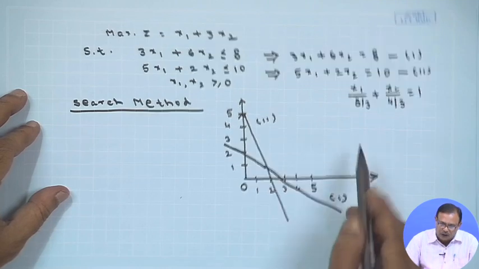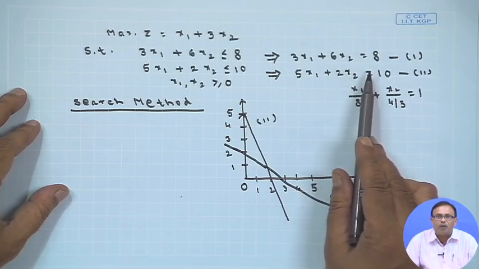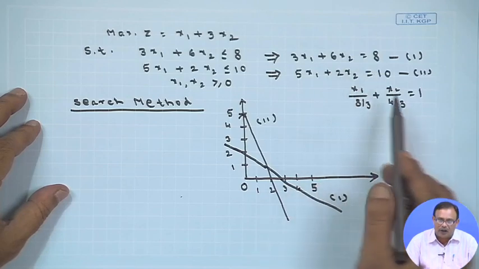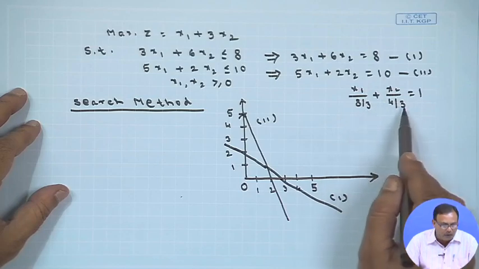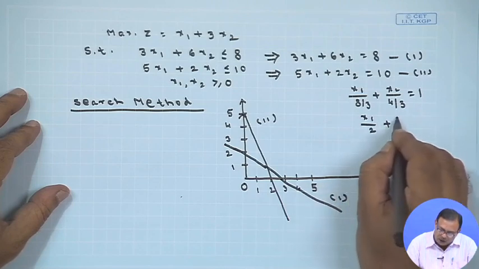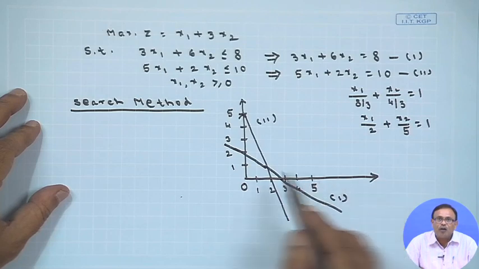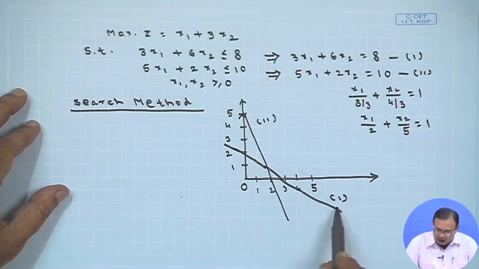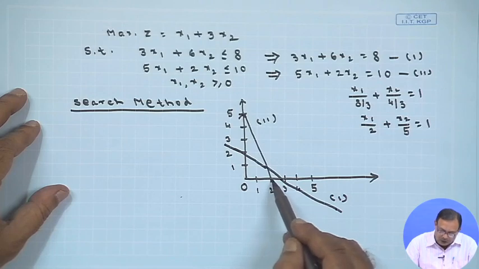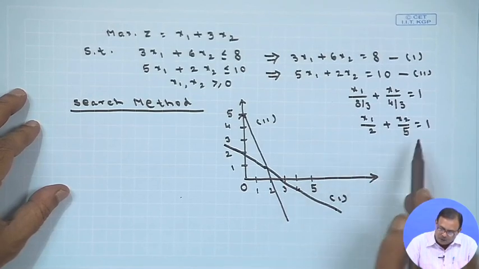First you are writing the equalities 3x1 plus 6x2 equals 8 and 5x1 plus 2x2 equals 10. You can write these in standard intercept format. The second one is x1 by 2 plus x2 by 5 equals 1. From there you draw two lines, this is line 1 and this one is line 2. Line 2 goes from 2, 0 and intercepts at 0, 5.